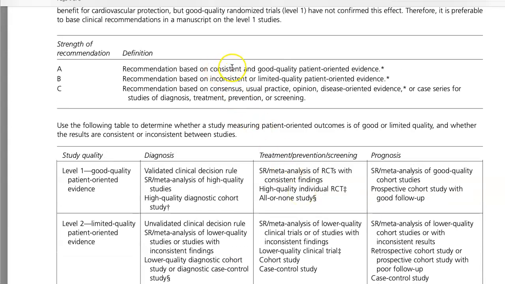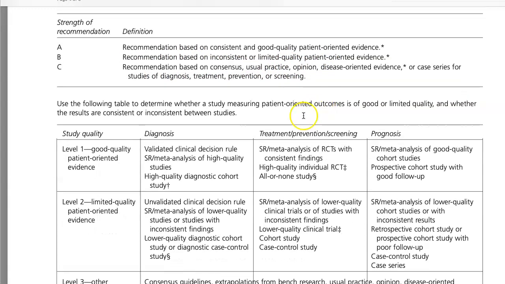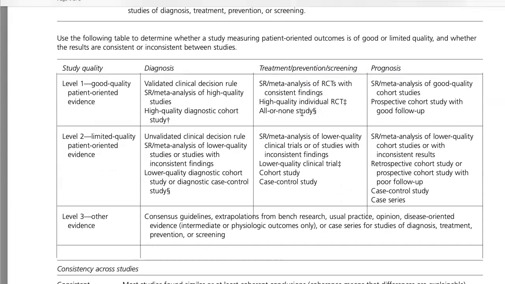So consistently good quality evidence. B, recommendation based on inconsistent or limited quality patient-oriented evidence. And recommendation C, based on consensus, usual practice, opinion, disease-oriented outcome, or case series for studies of diagnosis, treatment, prevention, and screening. Okay.